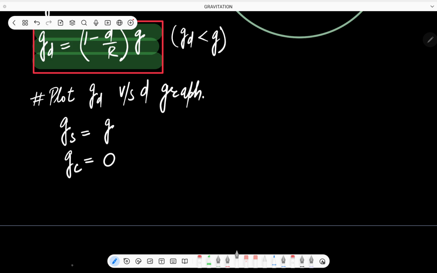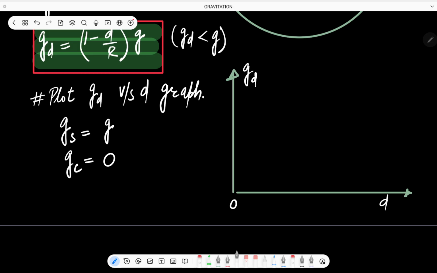On the center of Earth, what is that? That is 0. So tell me one thing, my dear NEET and JEE aspirants. If we move from the surface of Earth to the center of Earth, what happens to the acceleration due to gravity? Will this acceleration due to gravity decrease or increase? Sir, obviously that will decrease. We have now discussed this in length and breadth.